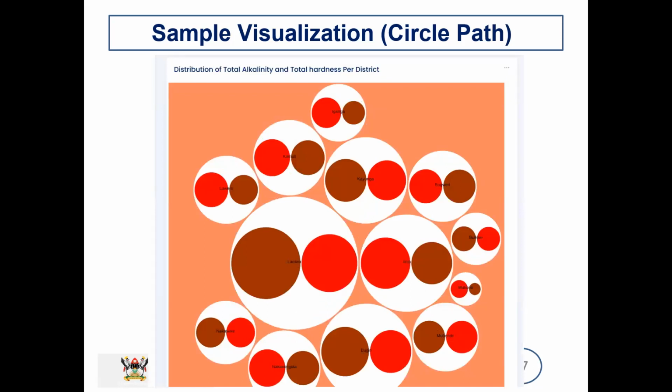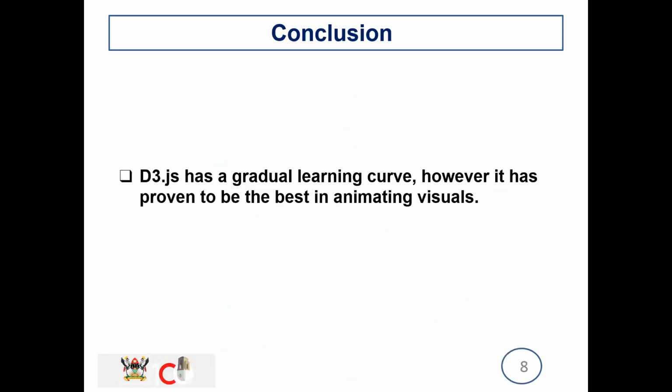So lastly, I scaled it further to other variables, the total alkalinity and total hardness, and this is still the same picture that I used. Well, I'll stop at that. I would like to head straight to the dashboard to demonstrate the actual visualizations, how one clicks and then is able to visualize the actual data.